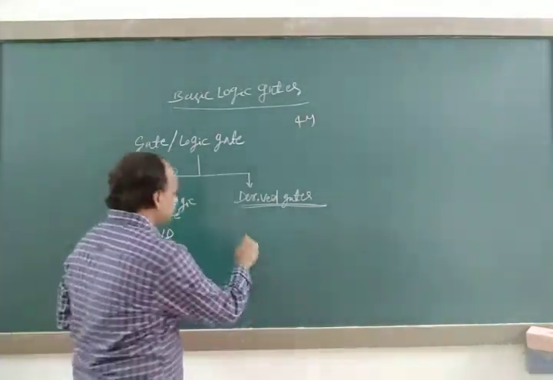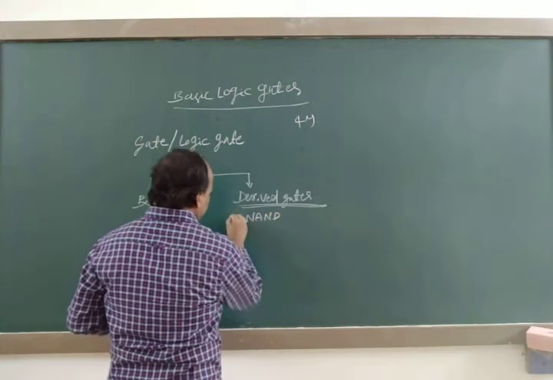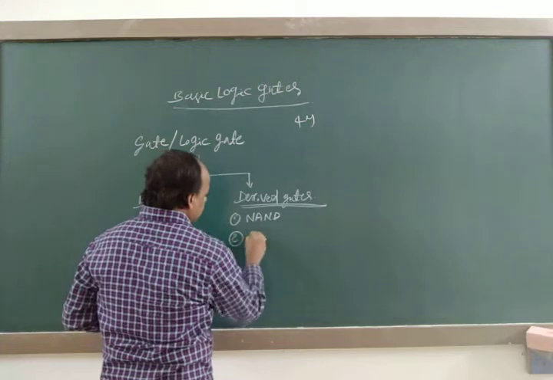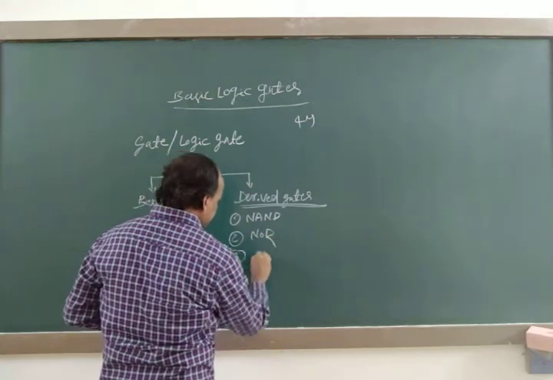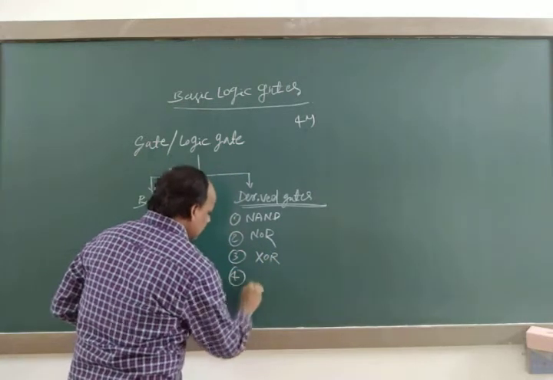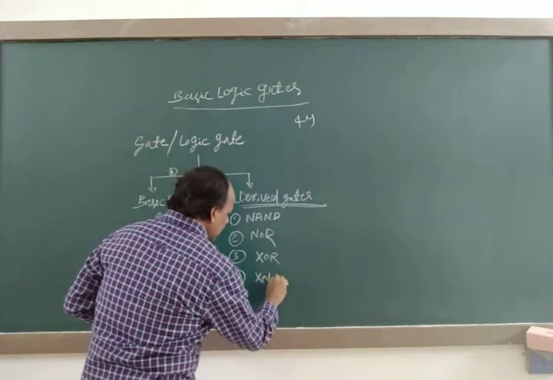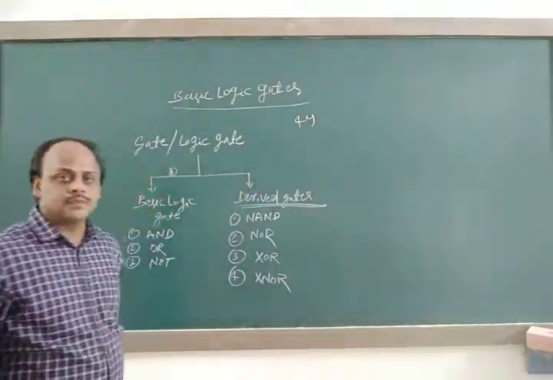For example, NAND gate, NOR gate, XOR gate, XNOR gate. Right?